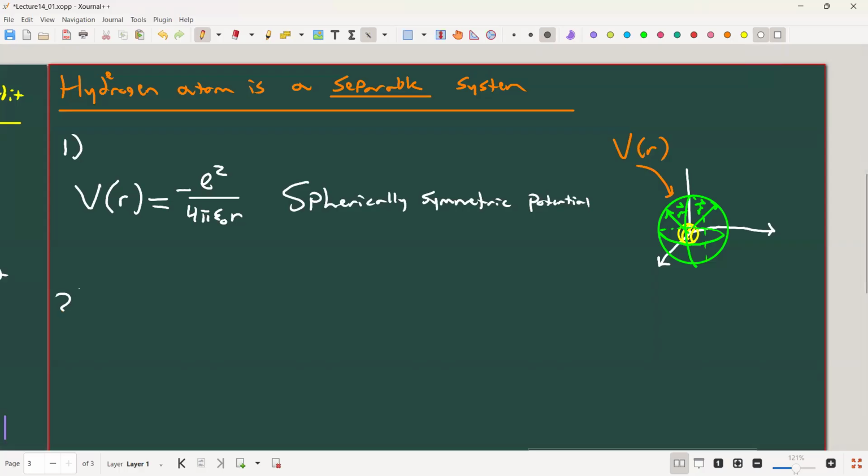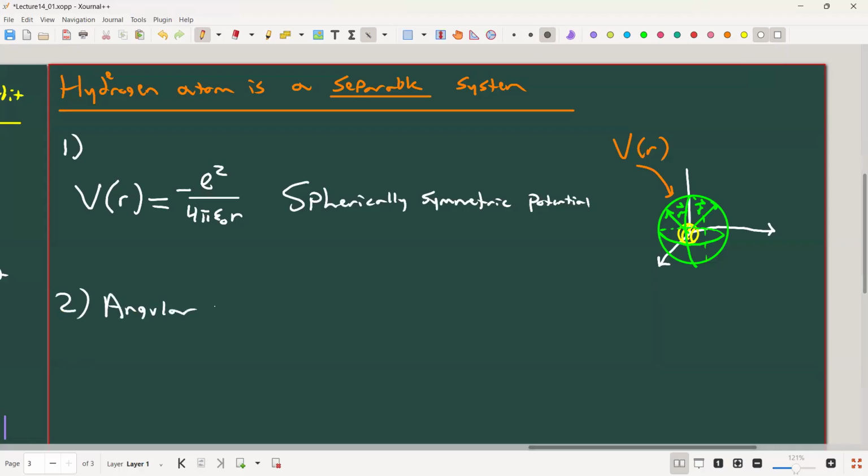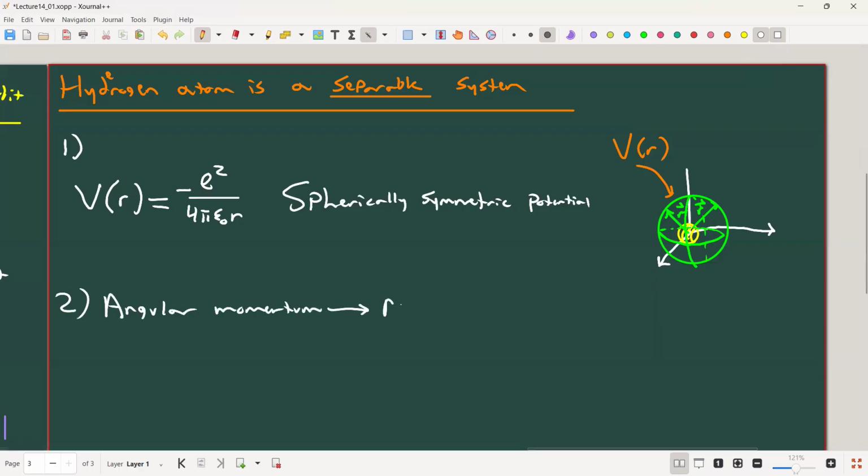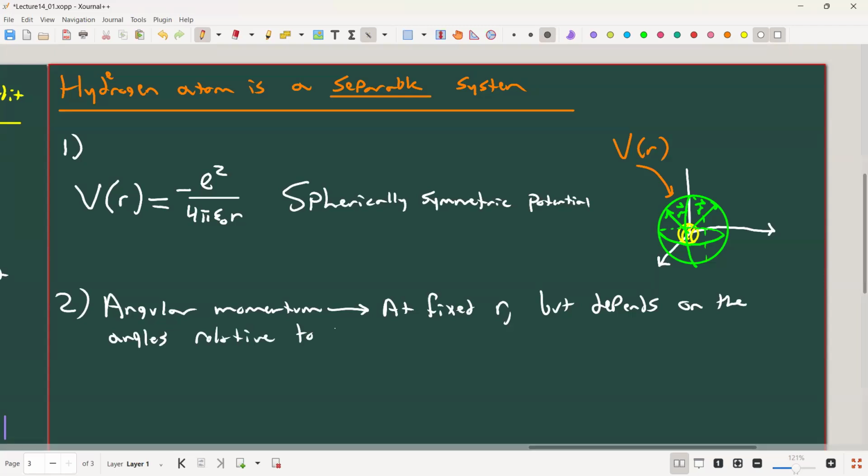And then we have angular momentum, which is at fixed R, but depends on the angles relative to XYZ. Why is that? Well, again, just think of it like this.